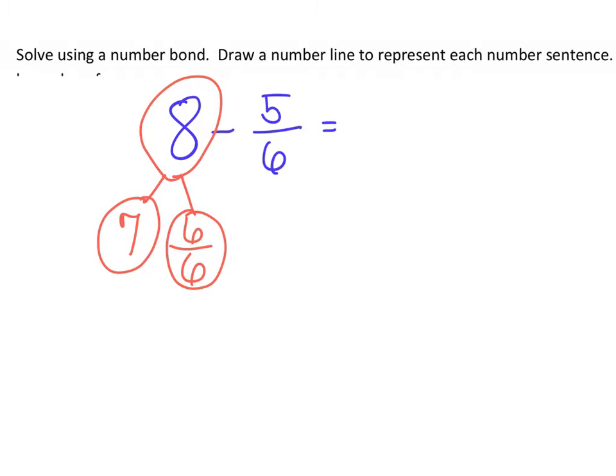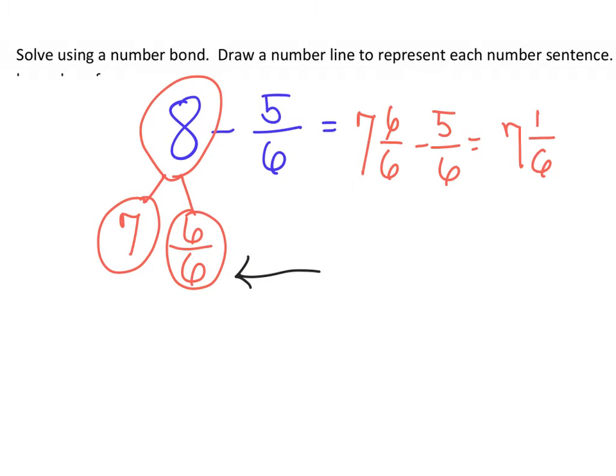So now we can continue this and do 7 and 6/6 take away 5/6, which would give us 7 and 1/6. Okay, so now let's create the number line.